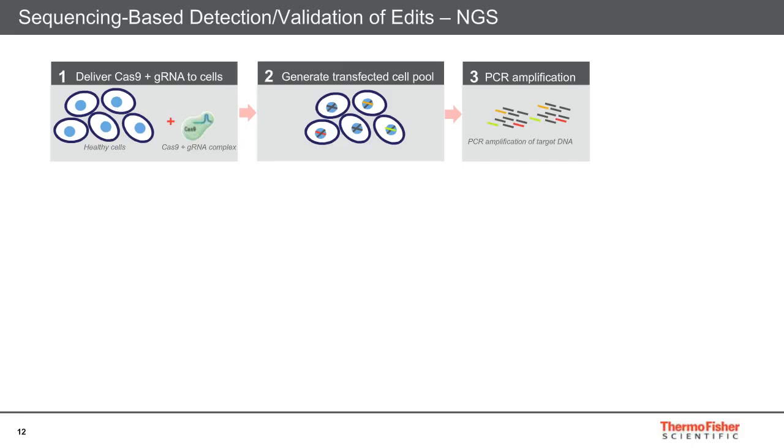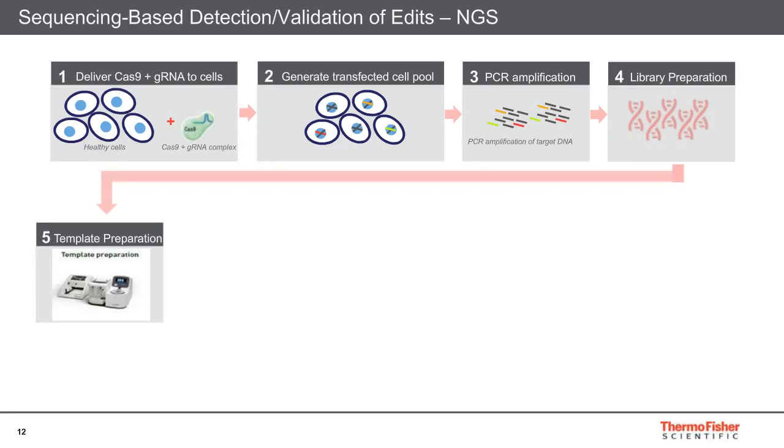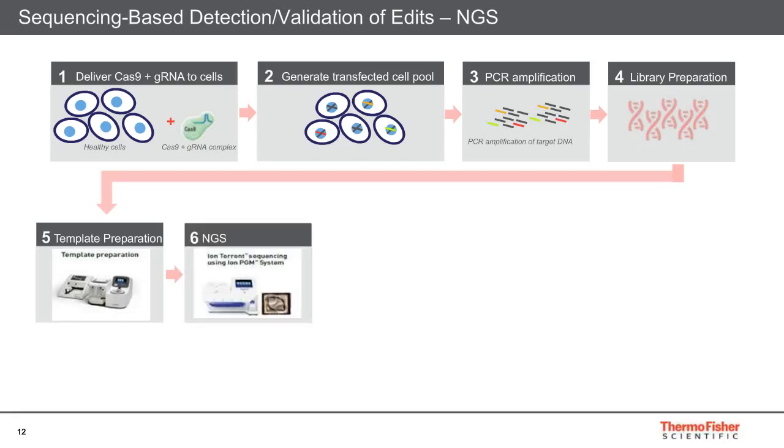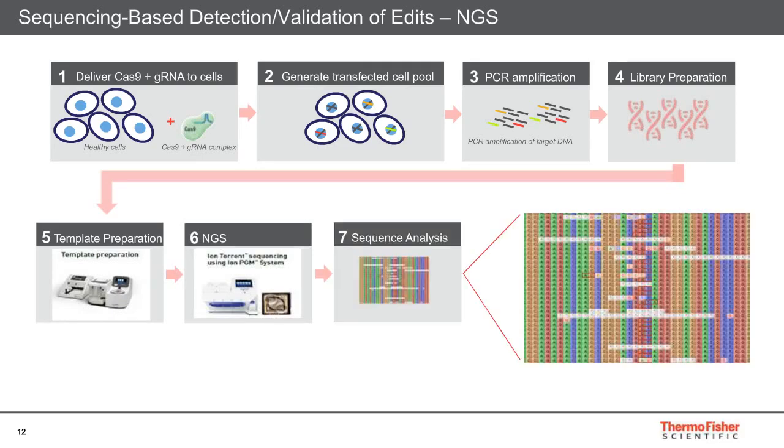And after PCR amplification, we can generate a library of transfected DNA. This library can be taken through the usual sample preparation steps required for next generation sequencing, and then the prepared sample can be subjected to next generation sequencing using the Ion PGM system, followed by sequence analysis.